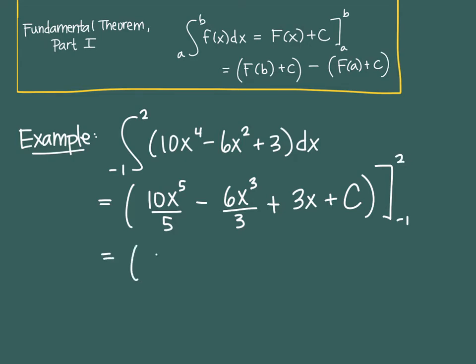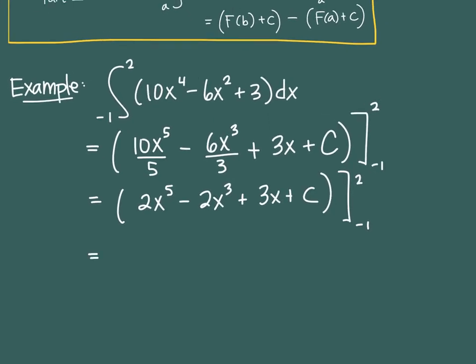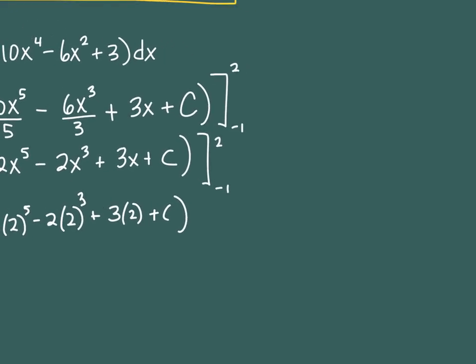So you'll want to simplify that. That's 2x to the 5th minus 2x to the 3rd plus 3x plus c, evaluated from -1 to 2. And we start by plugging in the number 2. So this will be 2 times 2 to the 5th minus 2 times 2 to the 3rd plus 3 times 2 plus c, minus, and then you plug in the number -1.